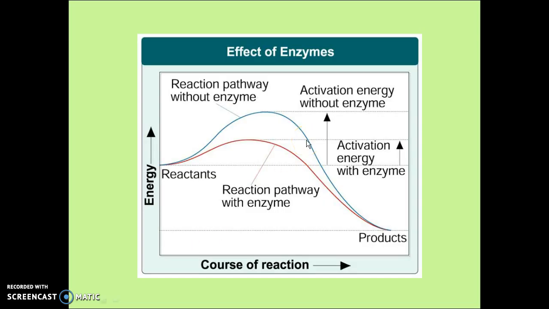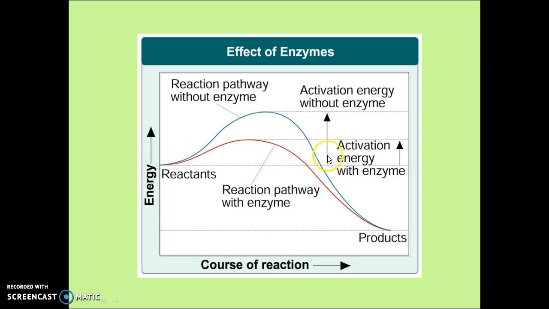Now, this graph right here is showing how an enzyme affects the activation energy of a reaction. Since it's a catalyst, we're going to expect that it lowers the activation energy of a reaction to make that reaction go faster. So, in blue, we're seeing the normal reaction pathway when an enzyme is not present to assist with the reaction.